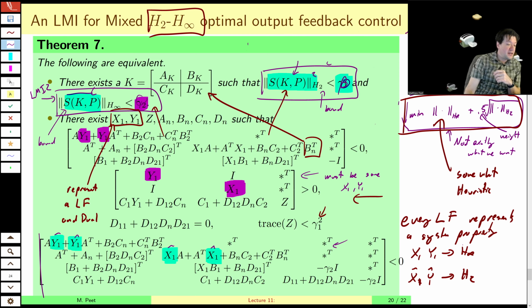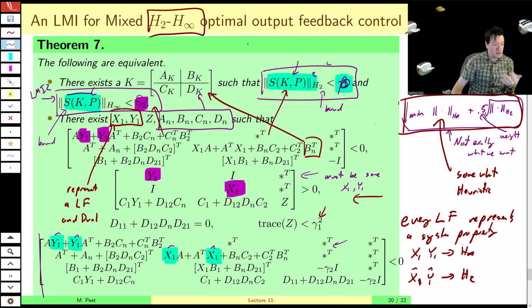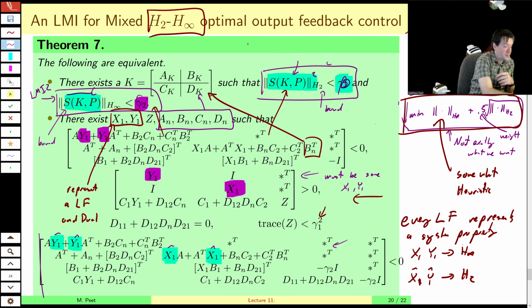And why is that? Because those variables are involved in the conversion of AN, BN, CN, DN to the closed loop, to the controller. X1, Y1 are involved in this conversion.